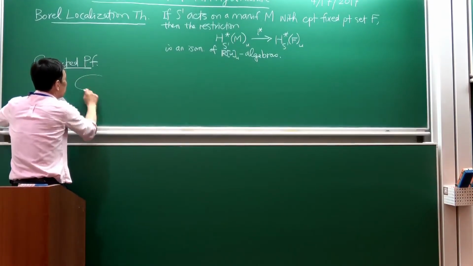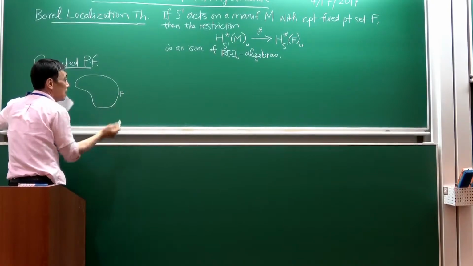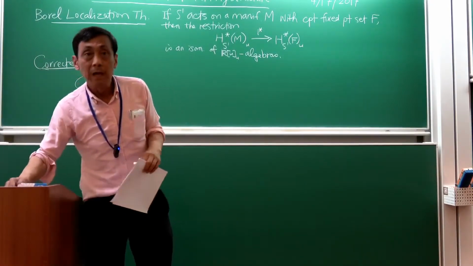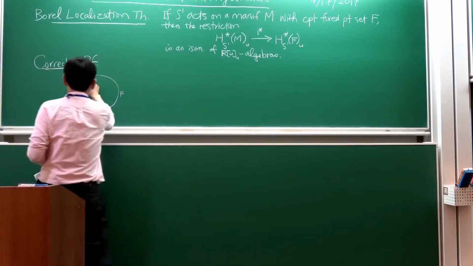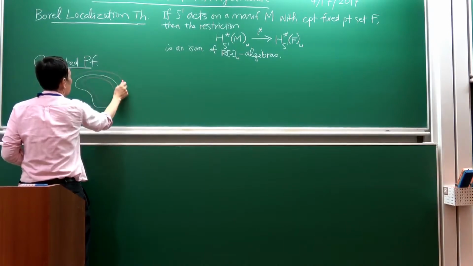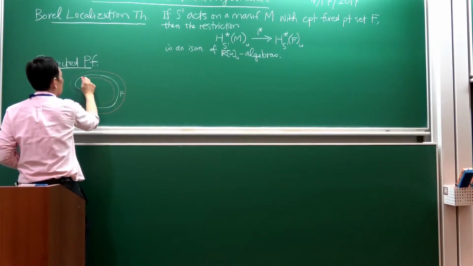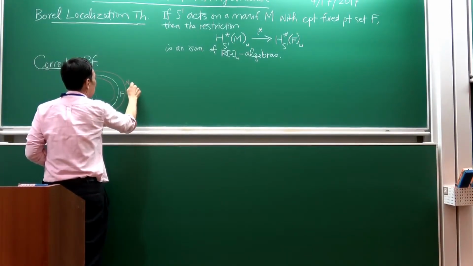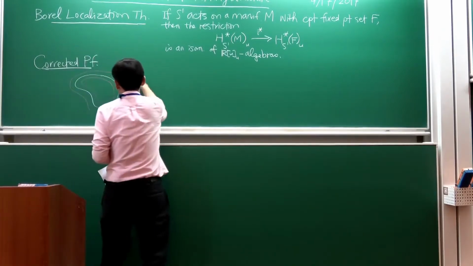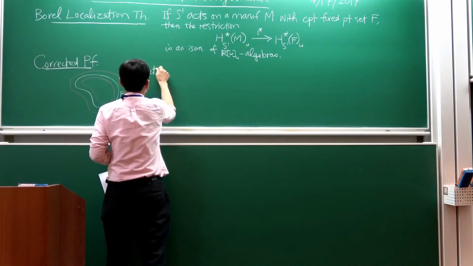Okay, and the way we proved it is that because F is compact, it has a tubular neighborhood, and then it's an equivariant tubular neighborhood.